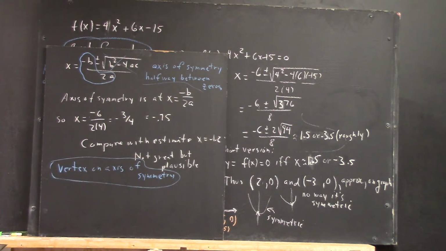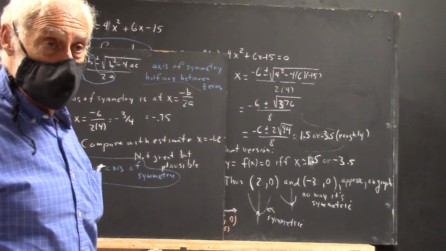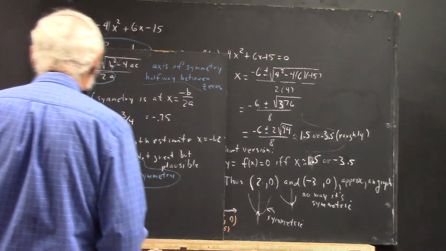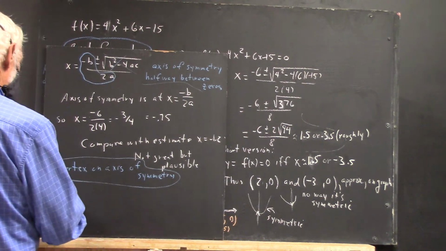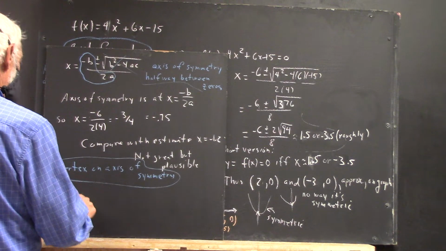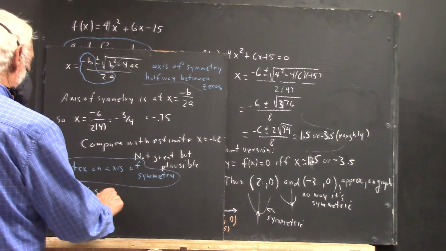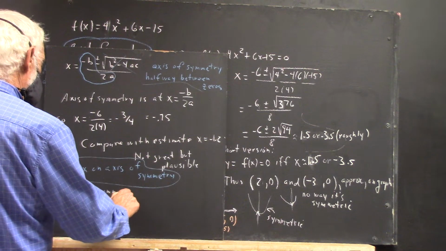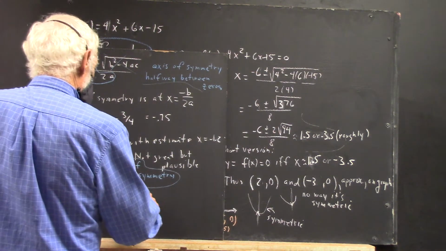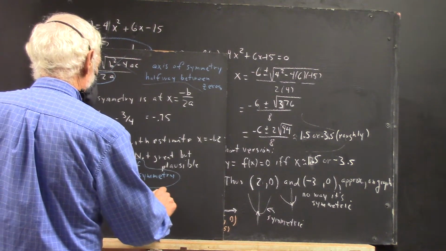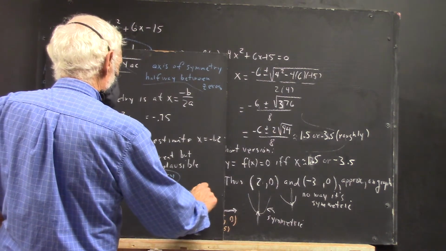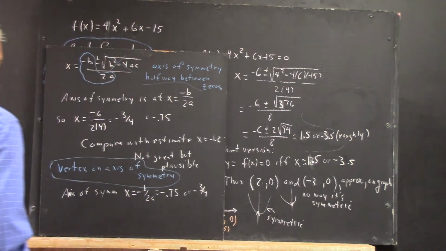Your vertex is on the axis of symmetry. Okay? So to find the vertex, the axis of symmetry is actually the vertical line, x equals -b over 2a. In this case, -0.75 or -3/4.